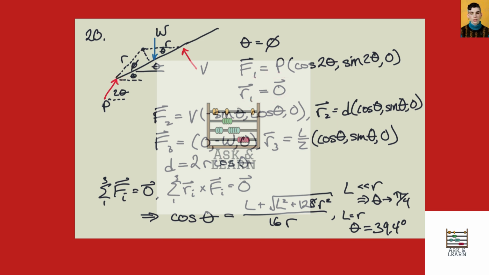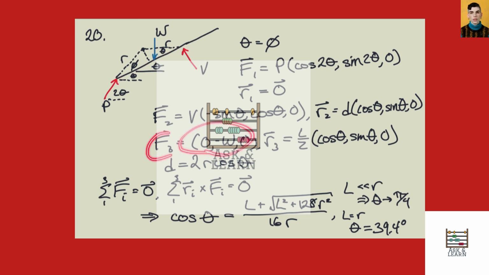The second force is up here at V, and it is perpendicular to the rod, has a magnitude of V, and is at a distance D from the origin, but the position vector is inclined.